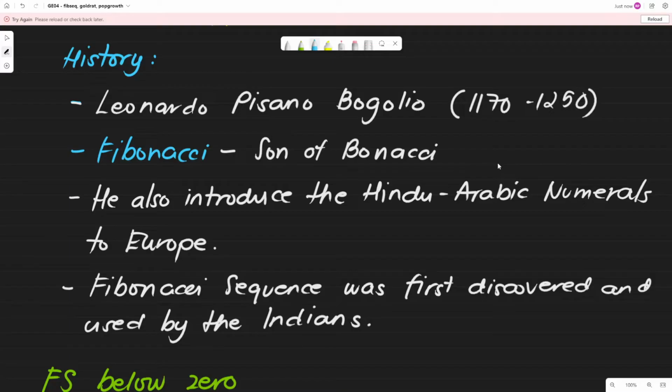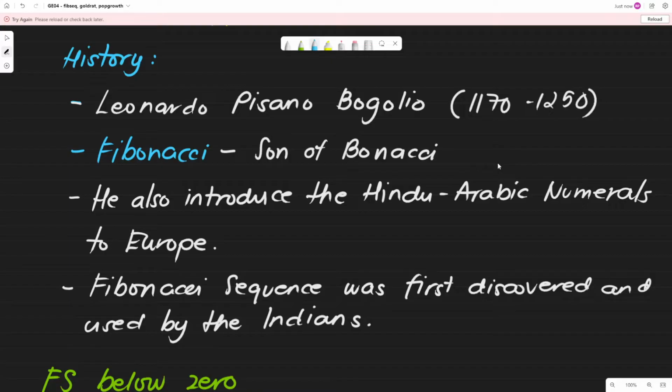That is where the advantage of Indo-Arabic numerals comes in. These are the numbers we use, from 0 to 9, which repeat as the value grows. Upon his introduction of Indo-Arabic numerals, mathematics began to boom in Europe.